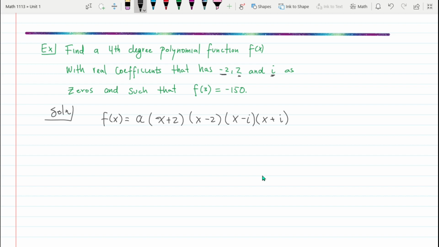Here's power 1, power 1, power 1, power 1. And if I add up all of the powers of the terms, we get 4, which is the degree that we were looking for.